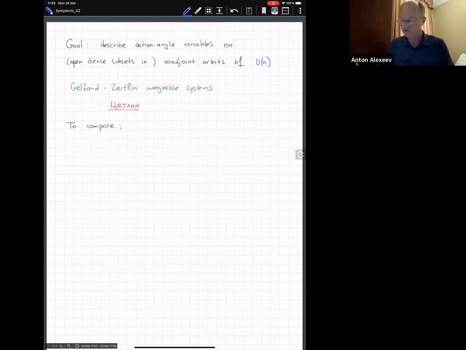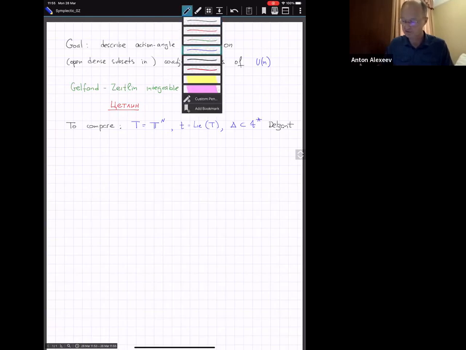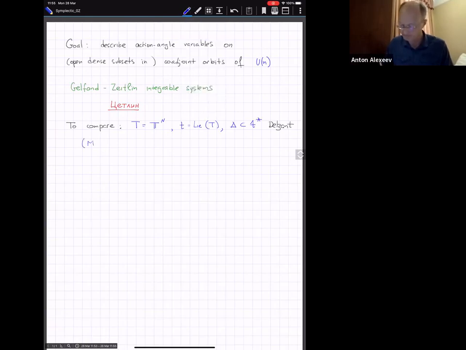So let's say if we have T, an n-dimensional torus, T is Lie algebra, and we have delta inside T star, which is Gelfand, such that M delta, omega, mu from M delta to T star is the corresponding toric manifold.